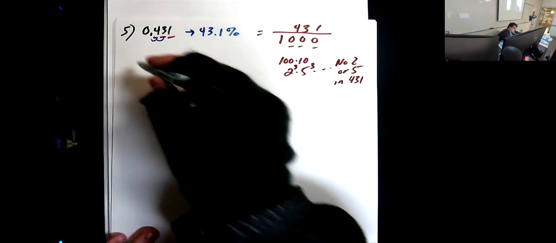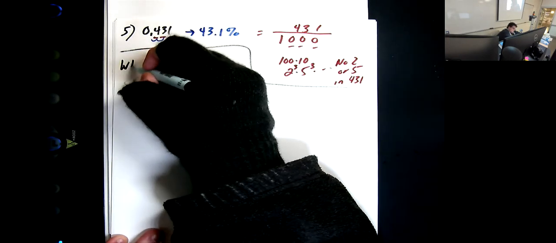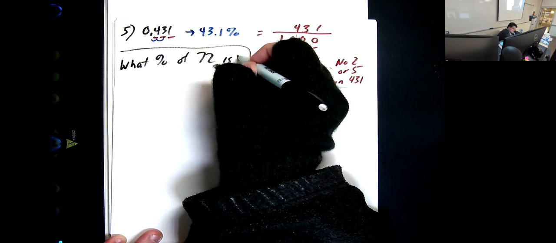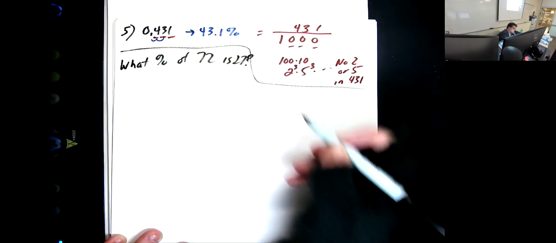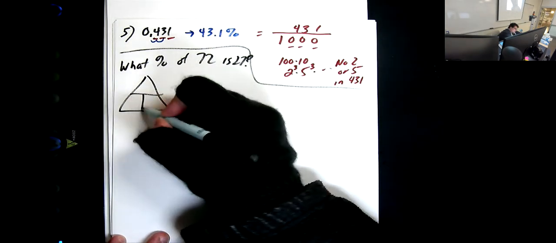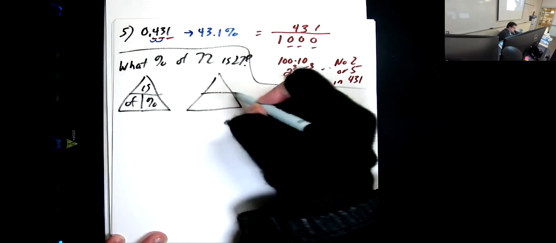Number 6. What percent of 72 is 27? I'm going to do my is-of-percent triangle and fill it in with what I got.